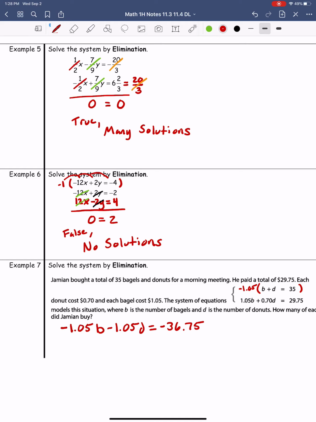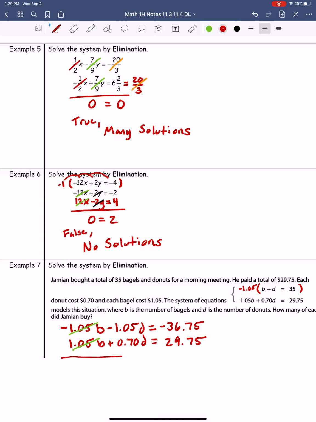And then the bottom equation we haven't touched yet, so this is still just going to be 1.05 B plus 0.7 D equals 29.75. And now we've set it up so that these are going to cancel out. So we end up with the B's canceling out, which is what we want.